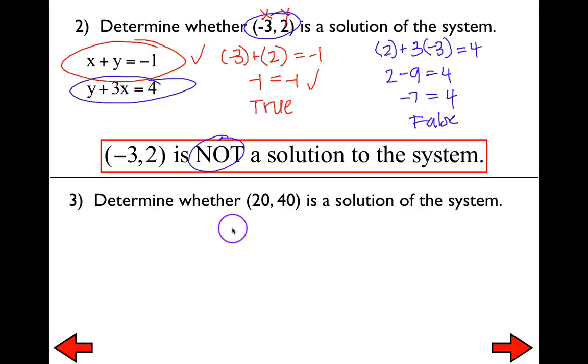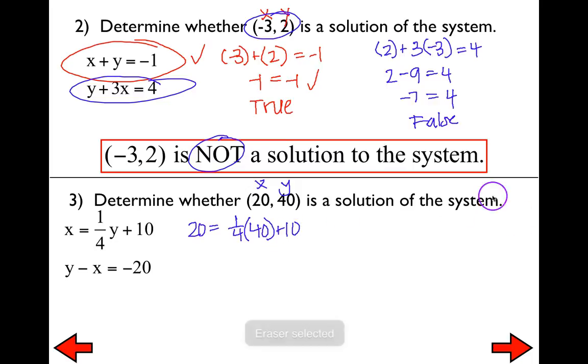Okay, so let's try the next one. Determine whether (20, 40) is a solution to the system. Again, we should at least have 2, and here we have it. I'm going to put 20 in for x and 40 in for y. So here we have 20 equals 1/4 times 40 plus 10. Now I'm actually going to change something up.